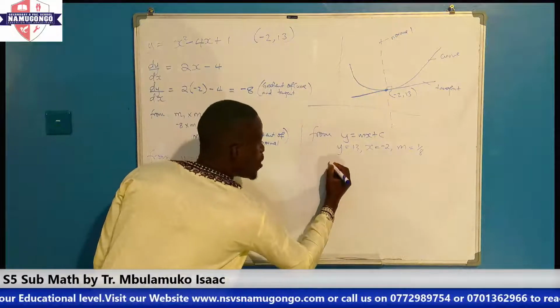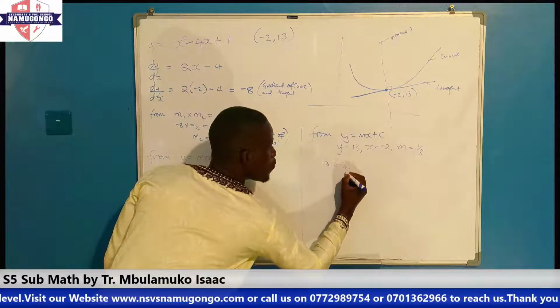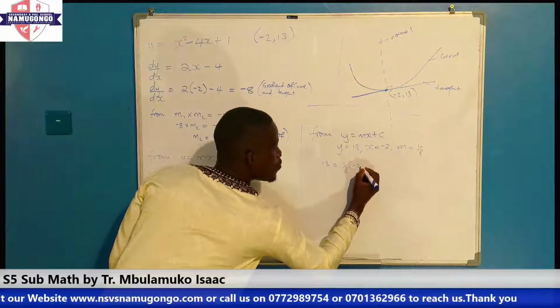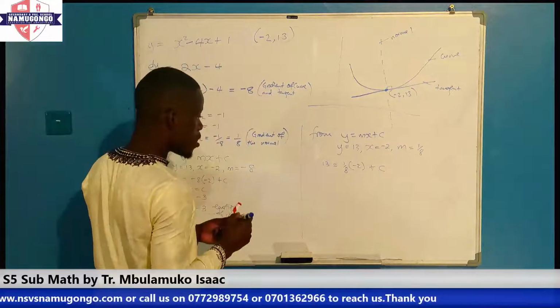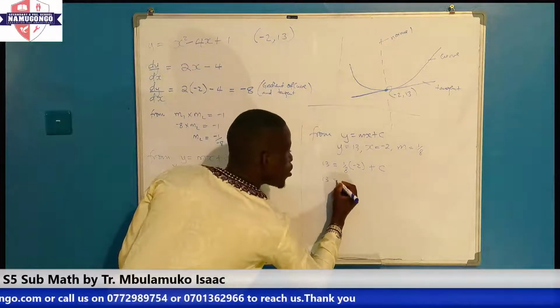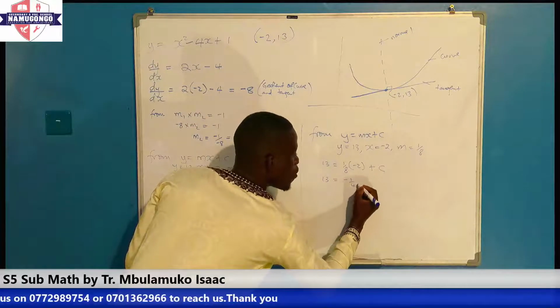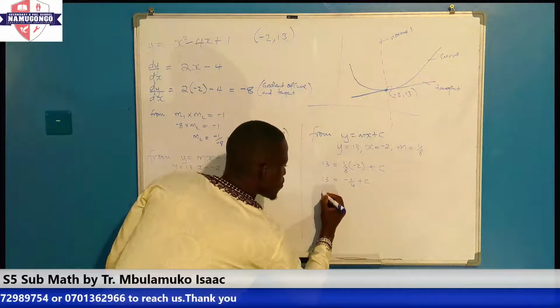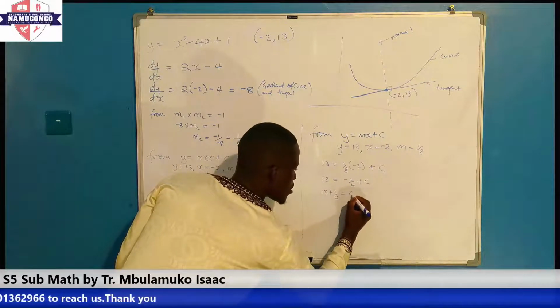So this will be 13 is equal to 1/8 times negative 2 plus c. And when you compute there, you will have that 13 is equal to negative 1/4 plus c. So 13 plus 1/4 gives us c.